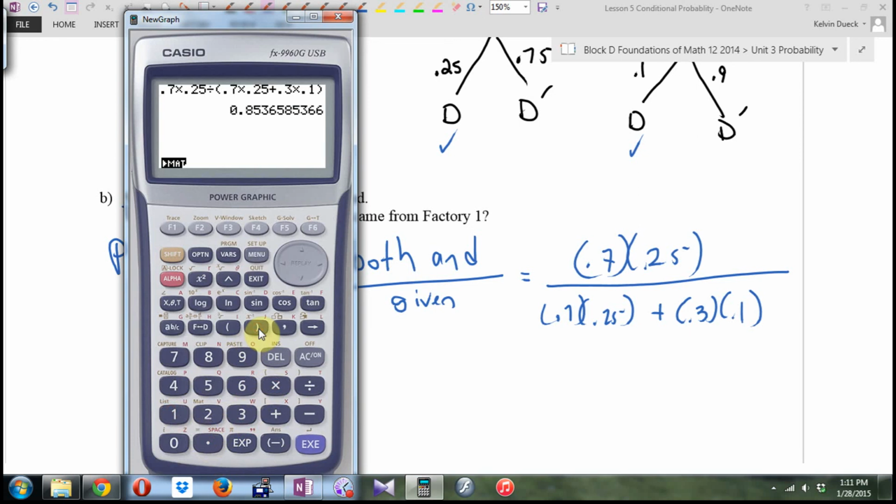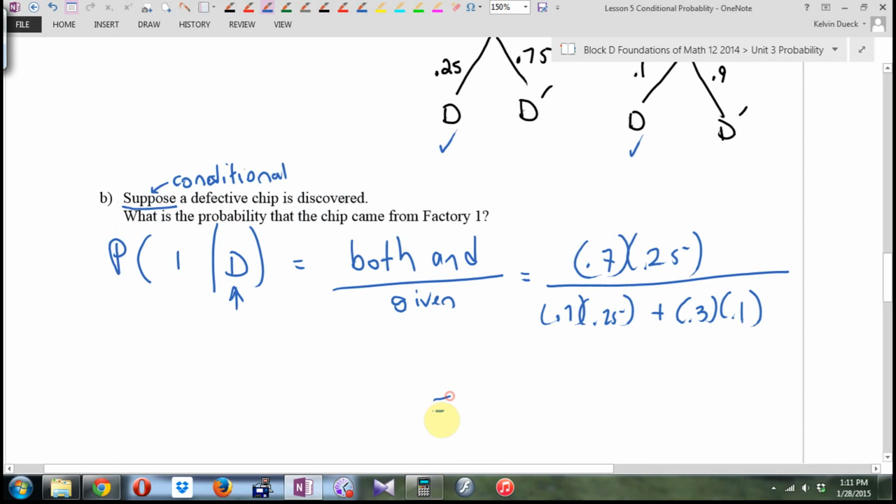And I get 0.854. Heck, 0.85, yeah, 4 is good enough. There's an 85.4% chance that it came from factory 1, not a 70% chance.